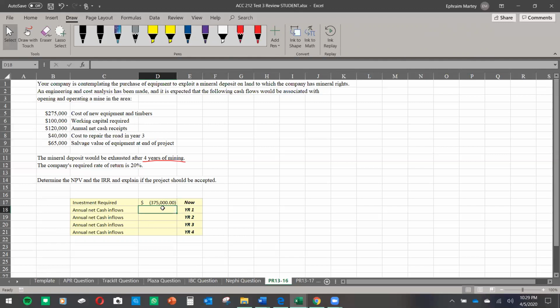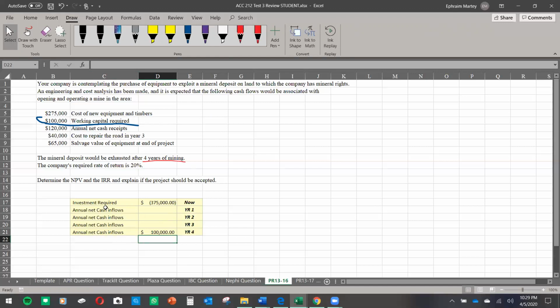Our investment will be 375,000. But remember, because this is working capital, working capital always will come back to you. So because we have 100,000, at the end of the 4th year, we will have 100,000 coming to us. So we'll get the working capital back.